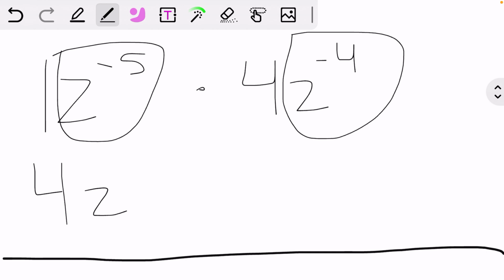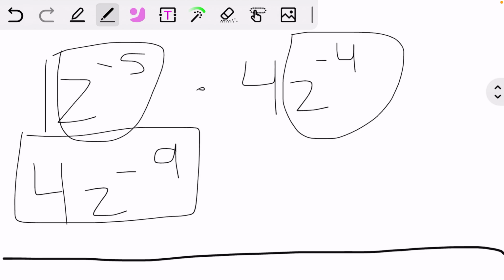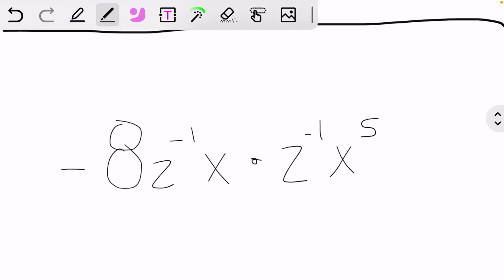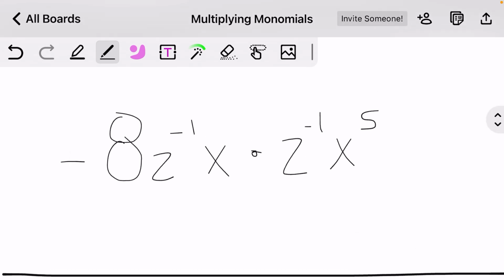So -5 plus -4, meaning we're adding negatives, that's going to give us -9. And this right here is the answer for our monomial expression. Let's move on to the second problem.